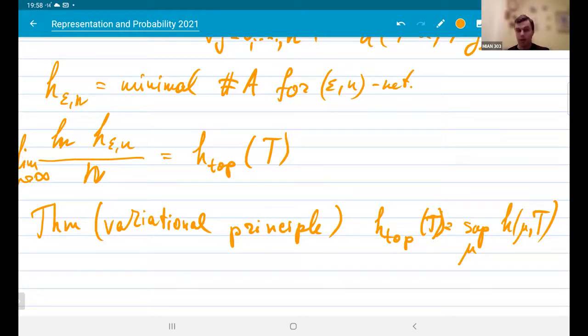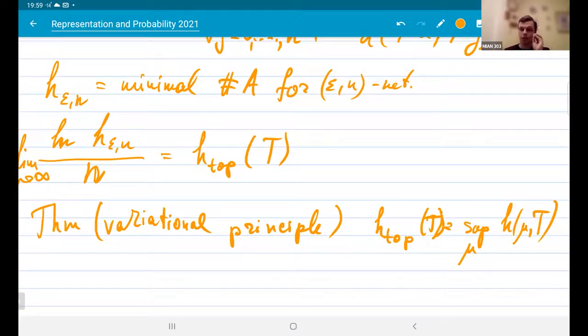This is an important thing because you can somehow dynamically choose this measure. In fact, you can find this measure from this topological procedure with epsilon nets. For example, if somewhere you need many points because their behavior at long distances is very different, then it seems that the measure of maximal entropy is concentrated here.